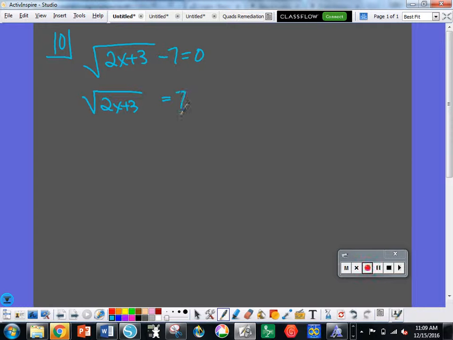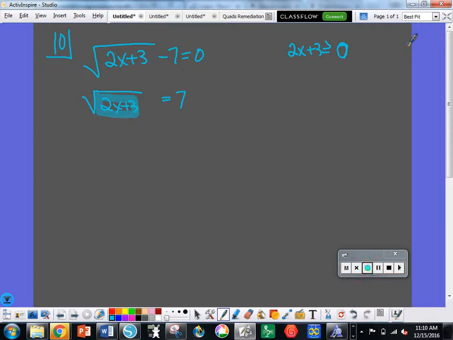Now let's check the domain. Inside of here, this number has to be what? Not negative. Not negative, yes.